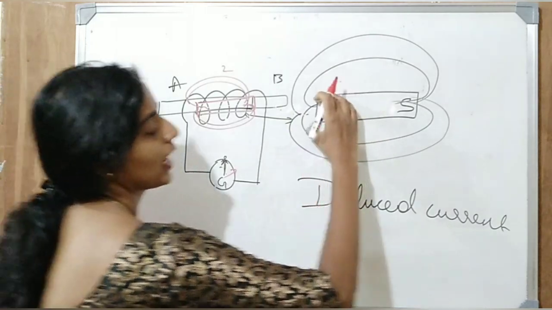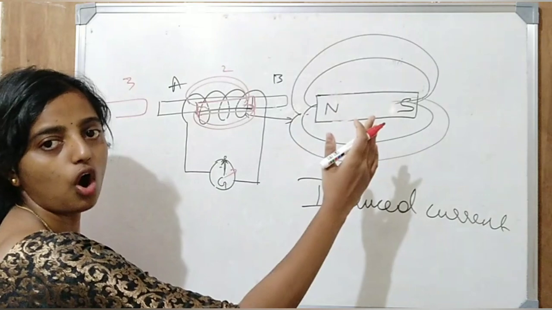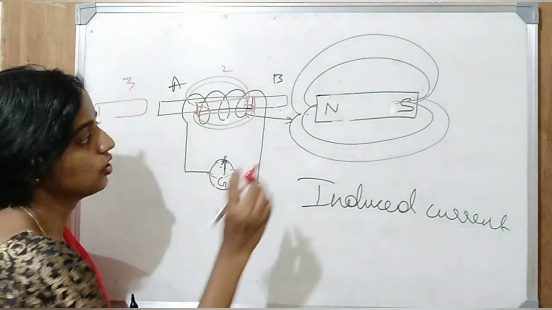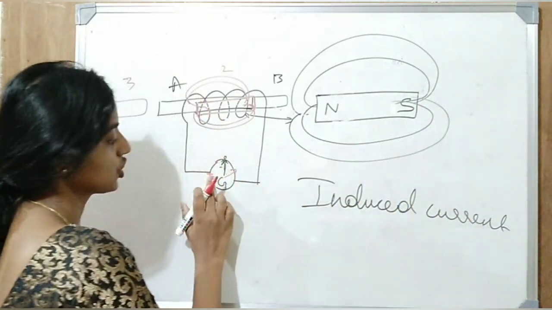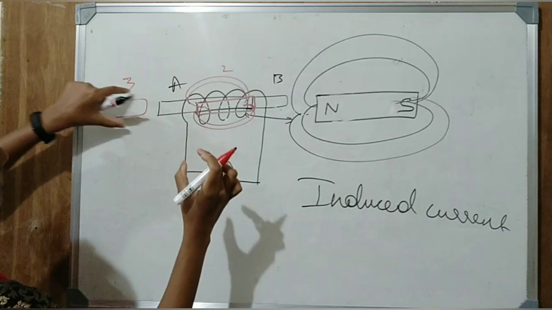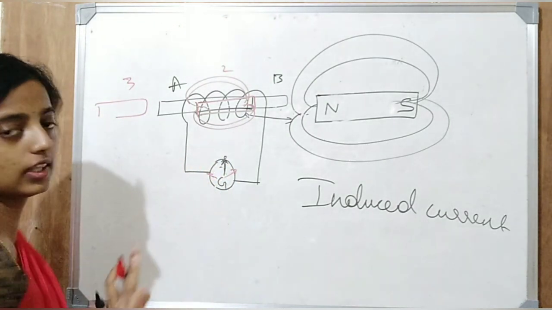And when the magnet starts moving away from the coil, we get a deflection towards the left. Even if we start withdrawing the magnet from inside, it's moving away, and again we will get deflection to the left side.